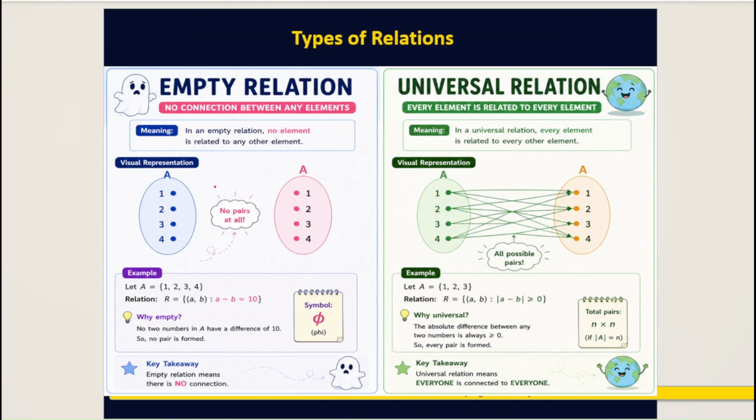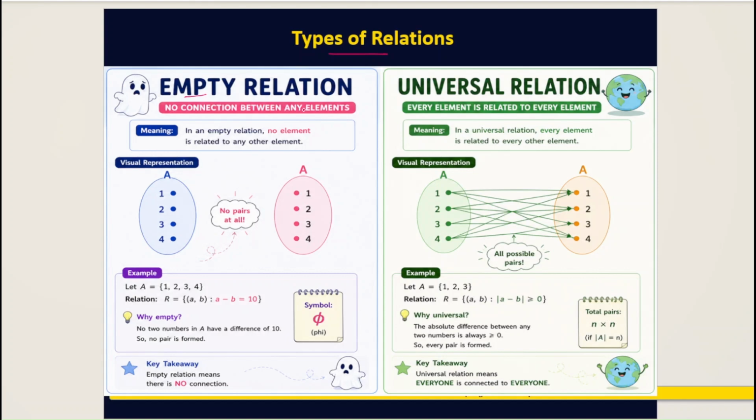So let's start with the relations we have discussed in the previous lecture. Now we are coming to the different types of relations, right? There are different types of relations, but the very first relation is the empty relation. What is the meaning of empty relation? As the name itself indicates, there is no connection between any elements.